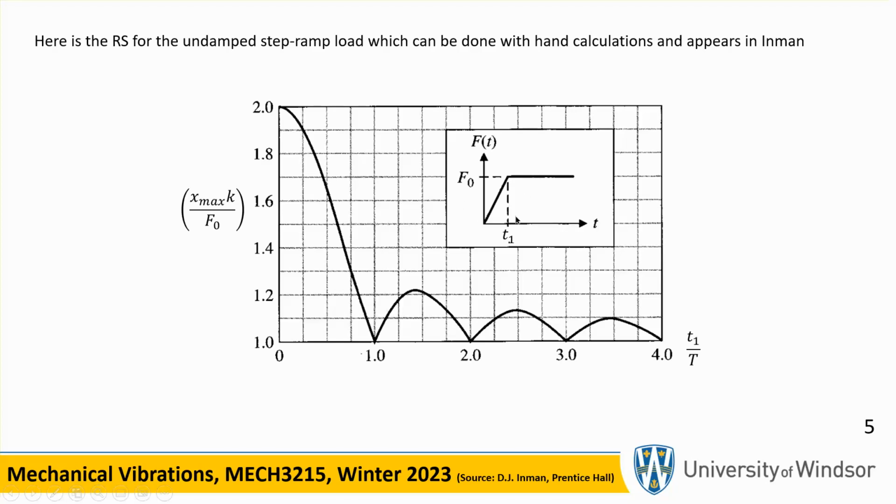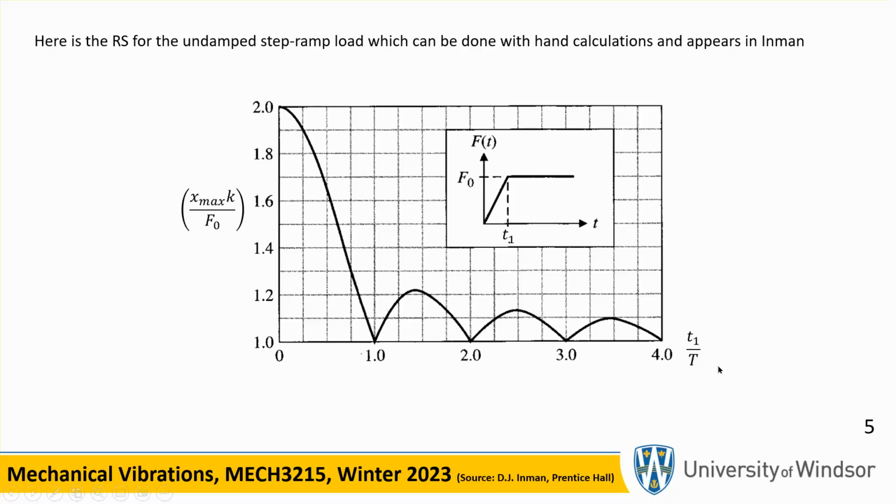So the plot of the maximum deflection of the block, if you look at your vibration problem, as a function of, this is not omega n, but big T, the period associated with omega n.